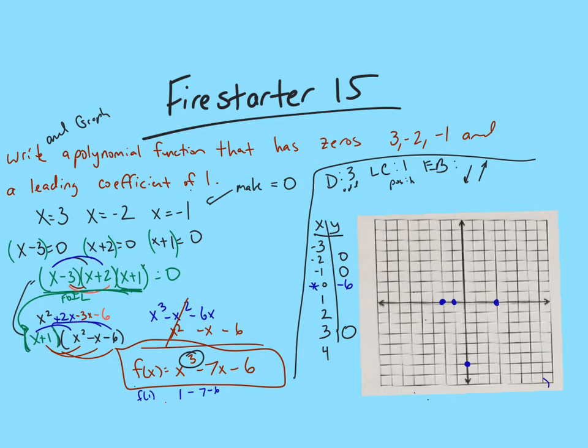So probably what I'm going to do is change this graph to go by 2's. So y's by 2. That's why I do the zeros first, because now I don't have to worry about erasing all the other ones. I just have to make this 0, -6 right there. And then there is 1, -12.